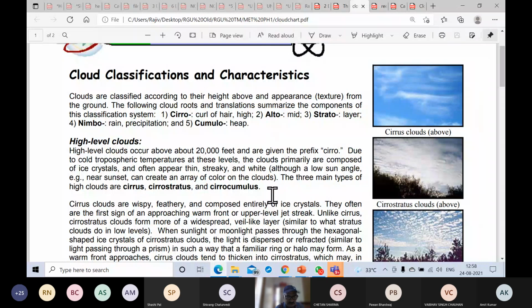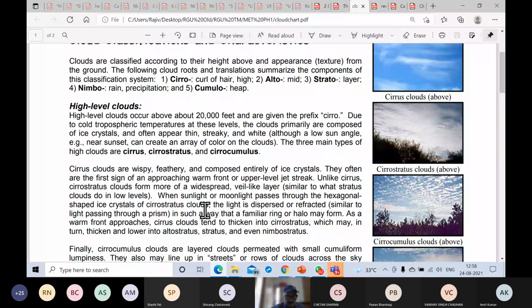The main types of high clouds are cirrus, cirrostratus, and cirrocumulus. As we can see, they are prefixed by the word cirrus or cirro. They are wispy, feathery, and composed of ice crystals because of the high altitude where they form, where the cold tropospheric temperature freezes the water vapor into ice crystals.